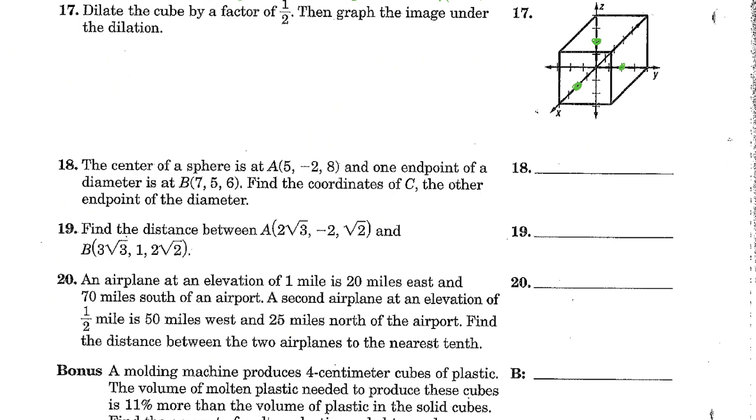This one would be 2 by 2, and this one would be 2 by 2 by 2. You could label all of those points in terms of x, y, and z, but it just says graph it. A scale factor of 1/2 means everything is half as far from the origin, so that shrinks the cube back towards the origin.